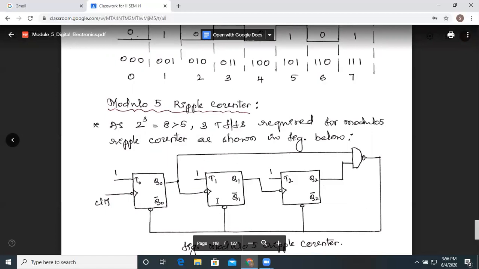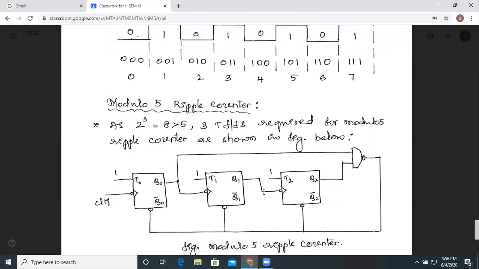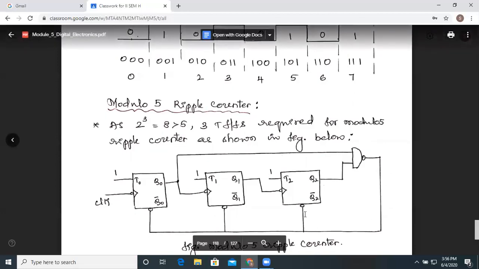So thereby we are going to get 0, 0, 0. After the 5 clock pulses, we take the output from the first flip-flop as well as the last flip-flop, feed it through the NAND gate, and the output of the NAND gate goes to the clear input.